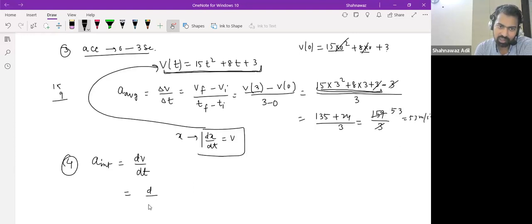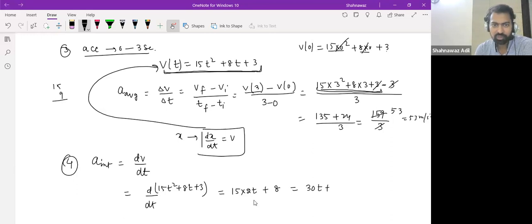So dv by dt of 15t square plus 8t plus 3. We get 15 into 2t plus 8, so this would be 30t plus 8. This is the instantaneous acceleration.